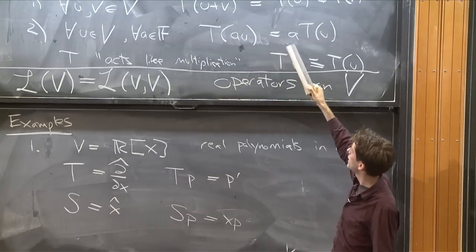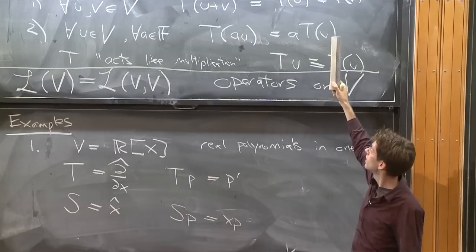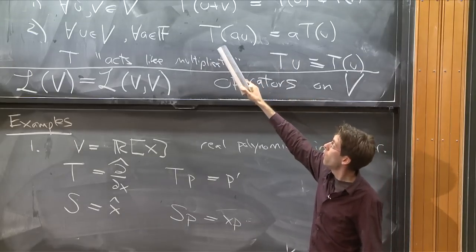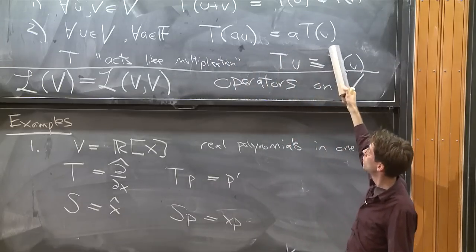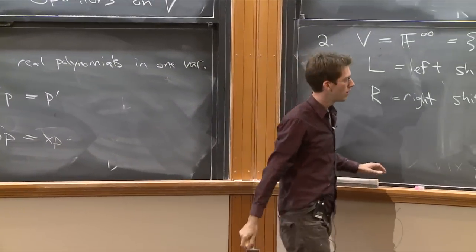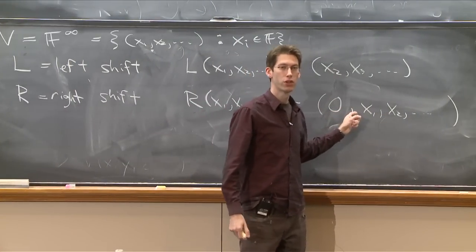And that should be equal to the scalar 0 multiplied by the output of it. And so that means that T should always map the vector 0 to the vector 0. And so if we want right shift to be a linear operator, we have to put a 0 in there.